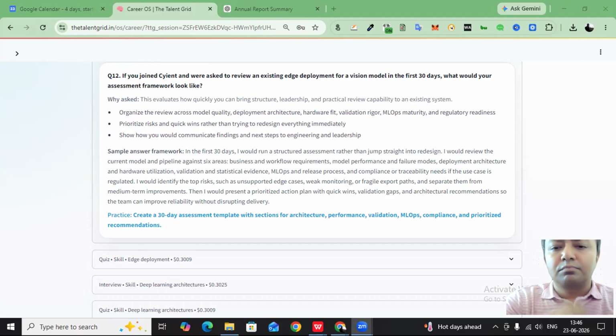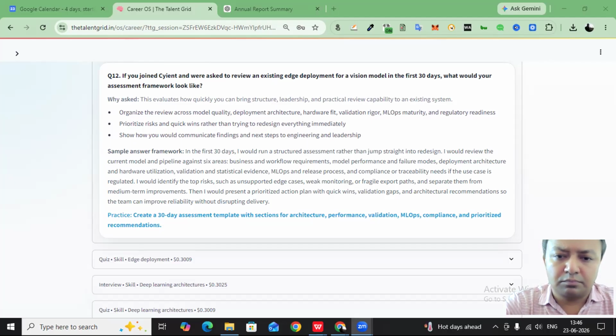Regression testing and acceptance criteria, what their benchmarks are, and how the system is behaving. And then MLOps maturity: how versioning, CI/CD, rollback, documentation, and compliance requirements look like. Are they in place, updated frequently, and versioning maintained or not.